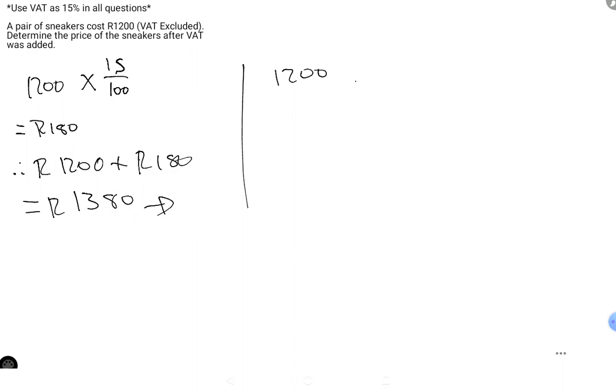1,200 rands multiplied by 100 plus 15 over 100. And so on the calculator, it should give us the straight answer. That will be 1,200 multiplied by 100, let's have that as a fraction, 100 plus 15 over 100.